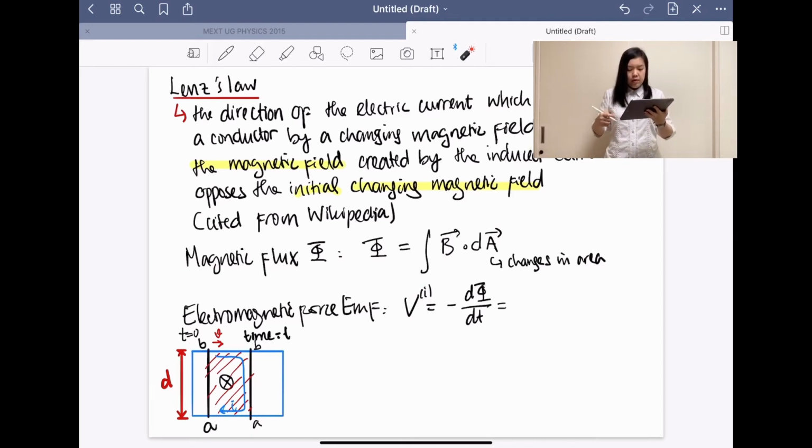So EMF equals minus the change of the magnetic flux over time. The magnetic flux equals the integral of the dot product of B and dA, where dA is the change in area. So let's put it into the equation: d over dt of the integral of B dot dA.